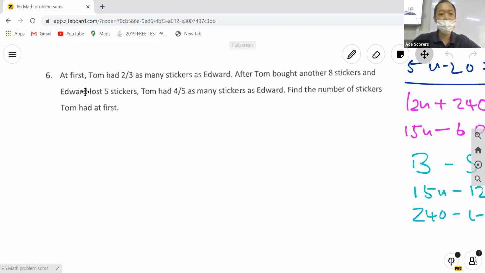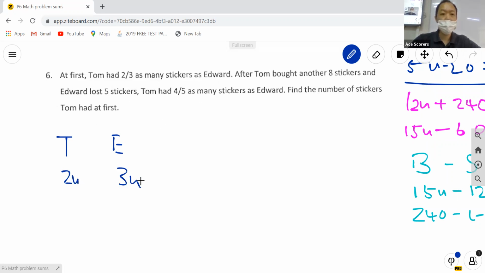Okay, so let's take a look at this one, yeah? At first, Tom had 2/3 as many stickers as Edward. So as usual, what we do is we have 2 persons, right? Tom and Edward. I think I did this last week. Really? But never mind, I'll do it again. So Tom had 2 units, Edward has 3 units.